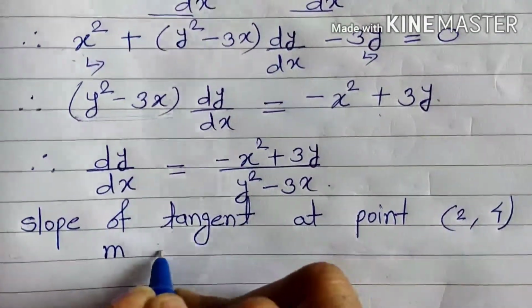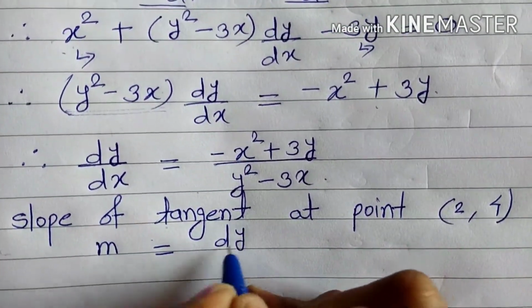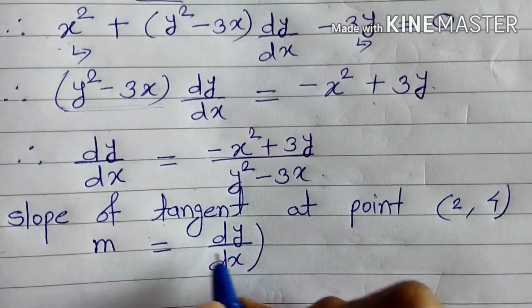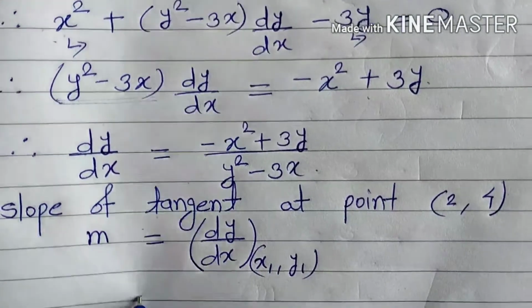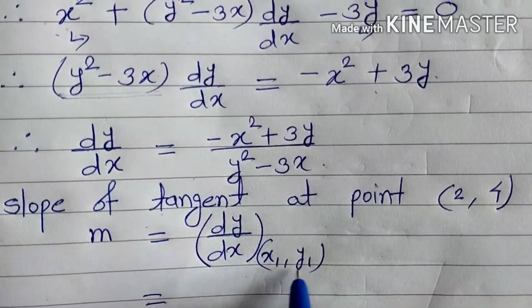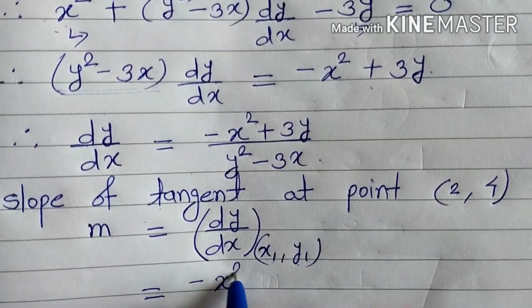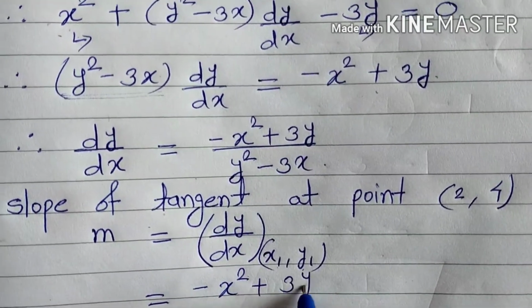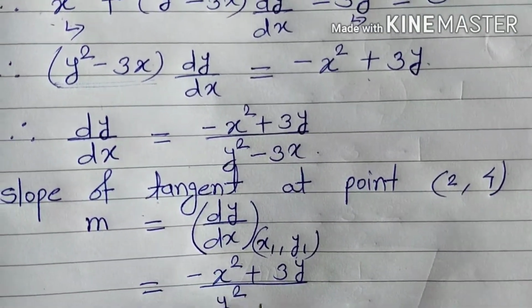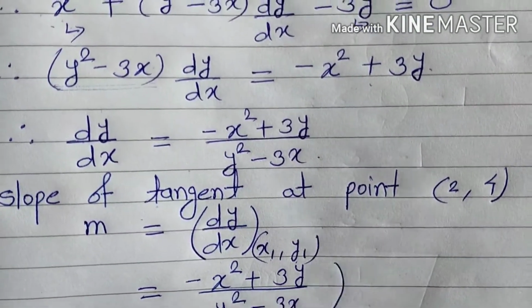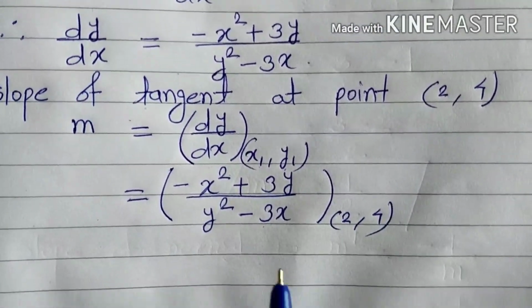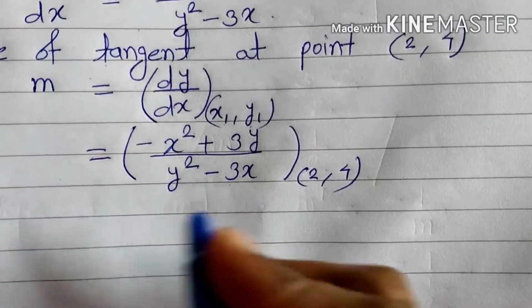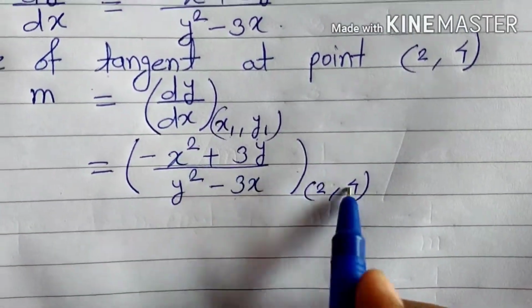Therefore m is equal to dy by dx at point x1, y1. Now here point is 2, 4. So minus (x square plus 3y) upon (y square minus 3x) at 2, 4. Now put the value of x is 2 and put the value of y is 4.